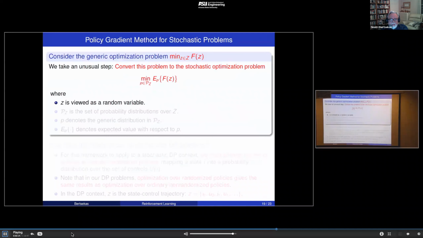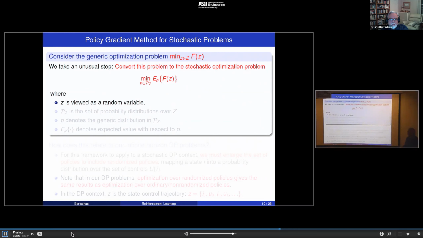However, there has been a clever get-around to this that applies to dynamic programming, and it's actually quite popular. To explain this, I'm going to go back to the general problem of optimization of a generic cost function f of a vector z, subject to some constraint. Now, this f of z may hide expectations and so on, but let's write it abstractly as f of z.